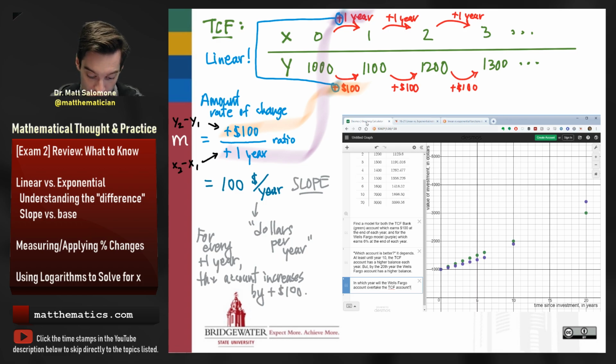And now that I know that the slope of this equation is 100, what I can do is I can begin filling in an equation template for this relationship. And my equation template is y equals mx plus b. Y equals the slope times x added to the y-intercept, whatever that happens to be.